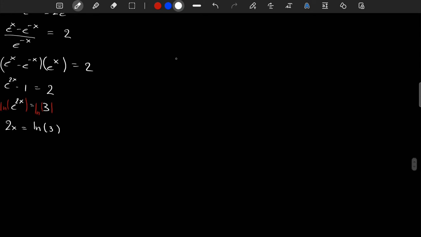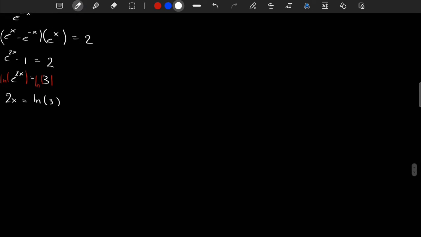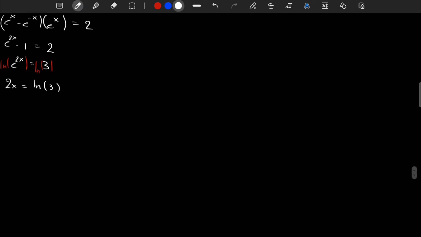Now recall that the logarithmic function of e raised to some exponent equals that exponent, because there's an implied e here. Just a little refresher. Should have learned that in 5th grade.